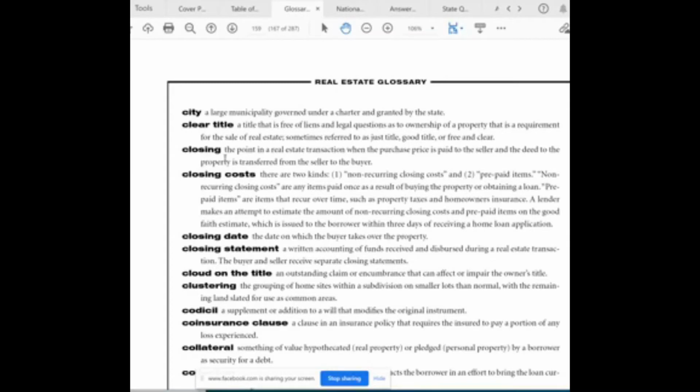So at the closing, the seller will sign the warranty deed, special warranty deed, whichever one, a type of deed that they're using, and that transfers it to the buyer. Okay, and so it is given to the buyer, it's accepted, acknowledged, and it's recorded.